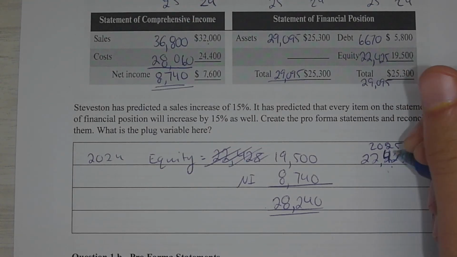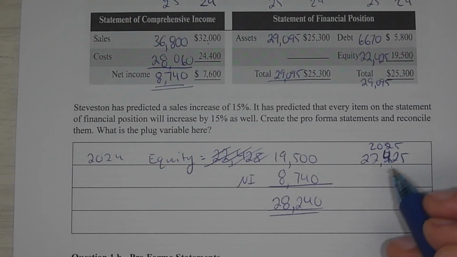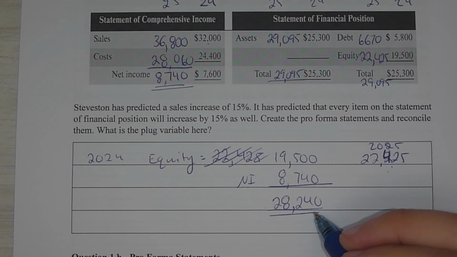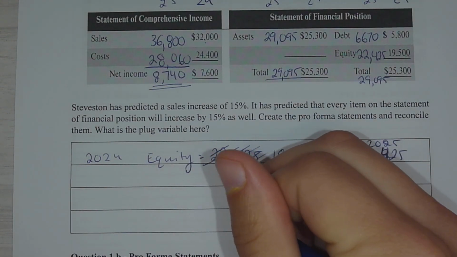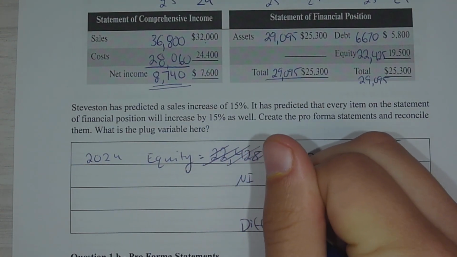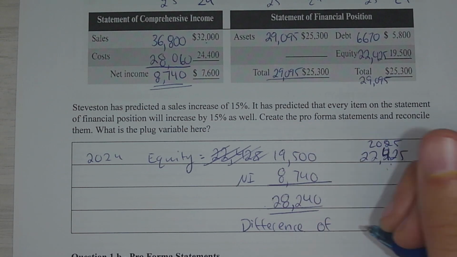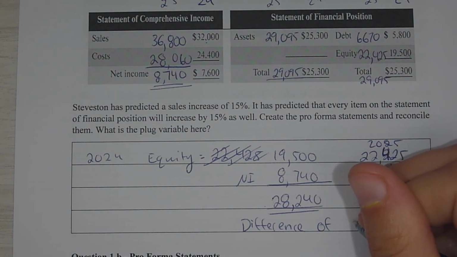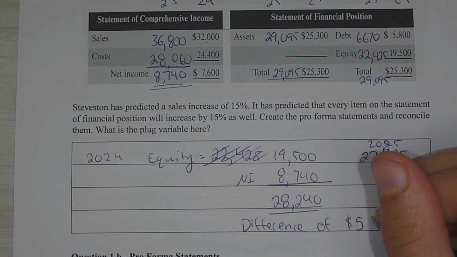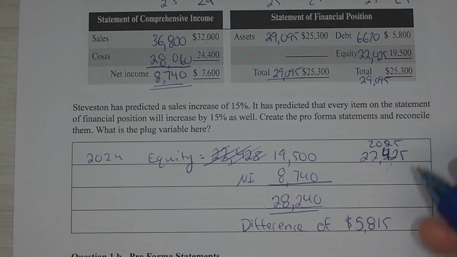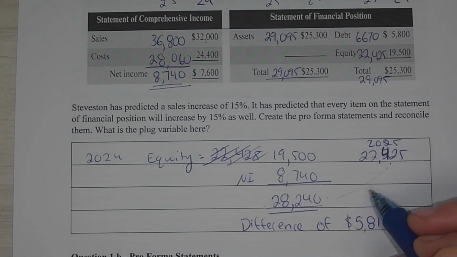So because we're saying this 22,425 is our equity, but this is what we would expect, we have a difference of 5,815. So that's the difference between these two.